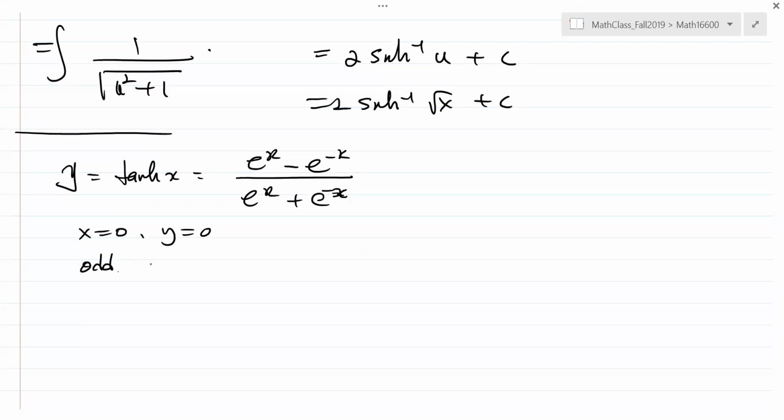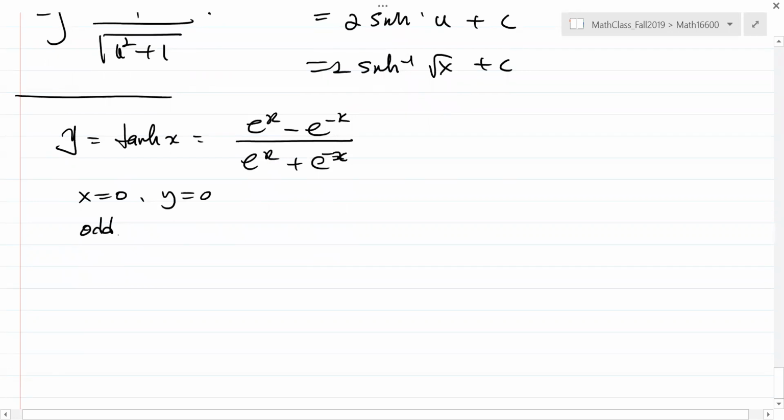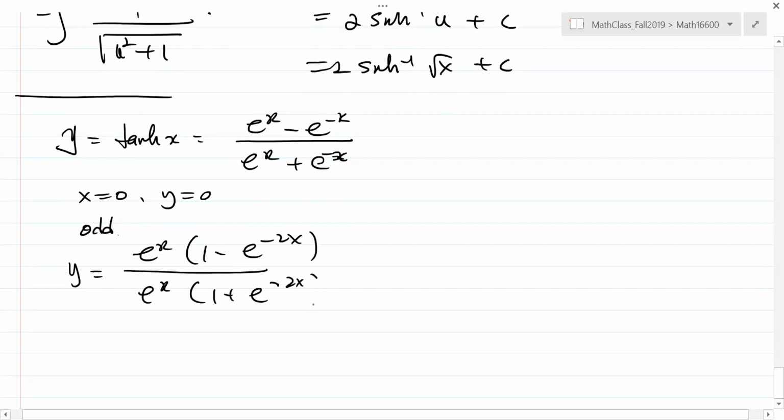positive side, okay? Then you look at what happens when x approaches infinity, right? So y equals, you take e to the x out. You get 1 minus e to the negative 2x, over 1 plus e to the negative 2x, right? So if you rewrite it, clearly this is always less than 1, but approaches 1.